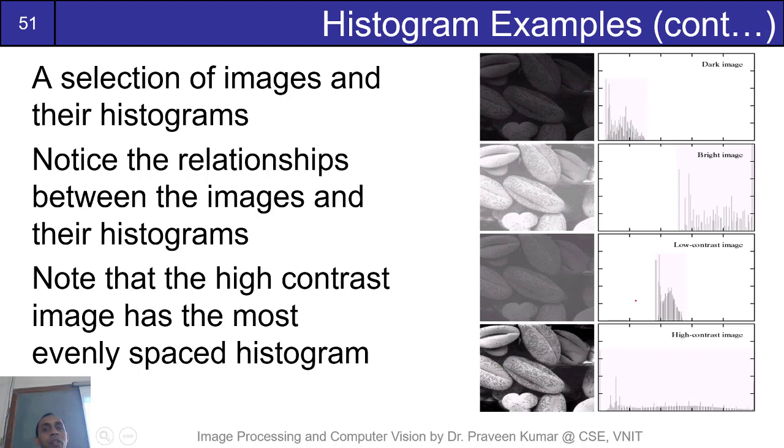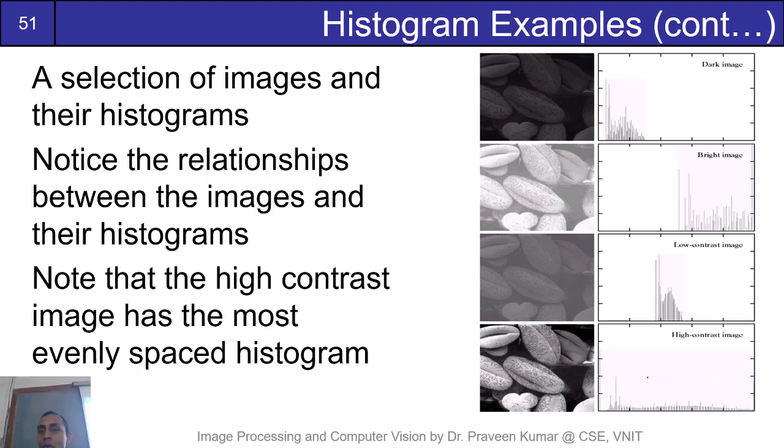We should try to spread out its histogram so that it uses most of the range of intensity levels, and rather than having a random distribution, all of them are more or less flat or evenly distributed.